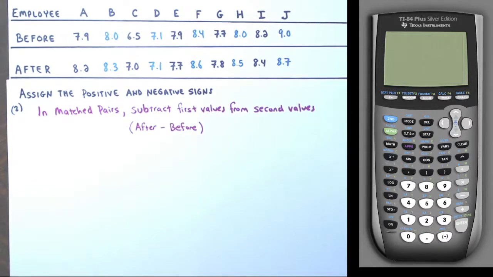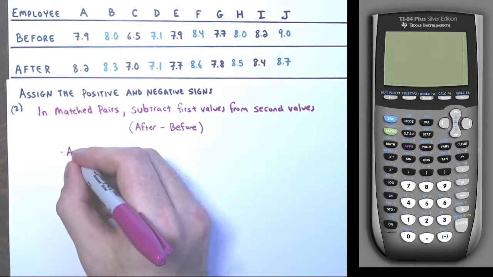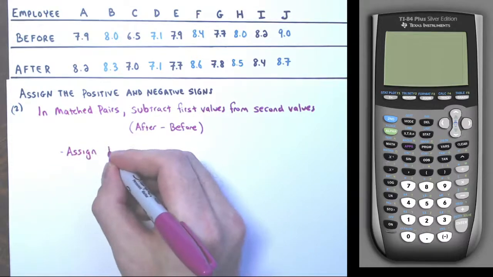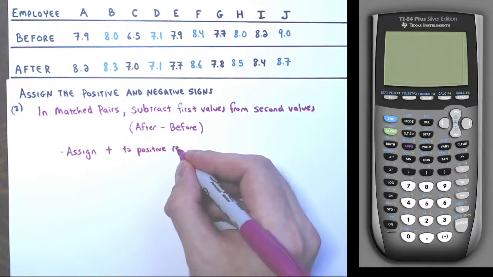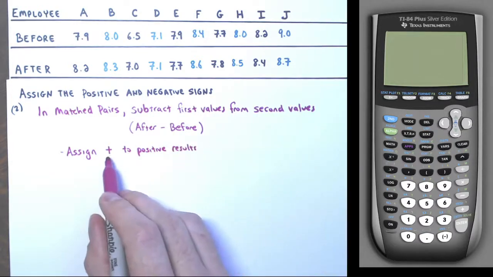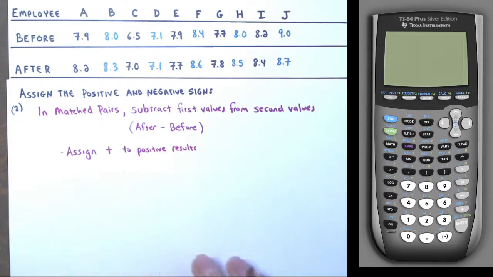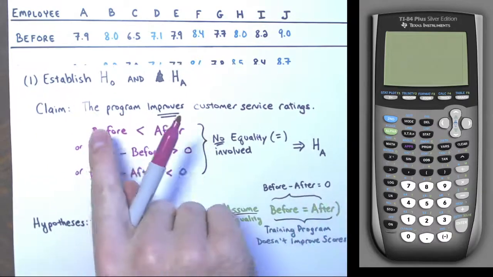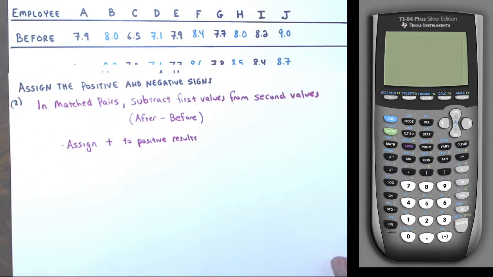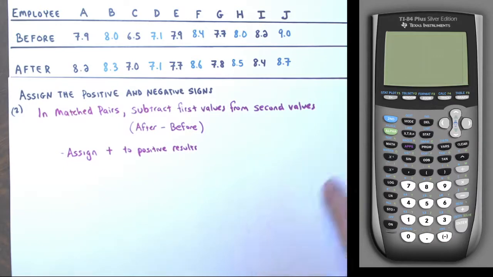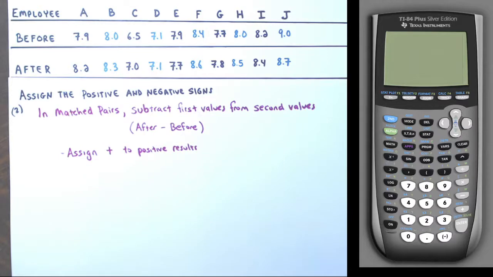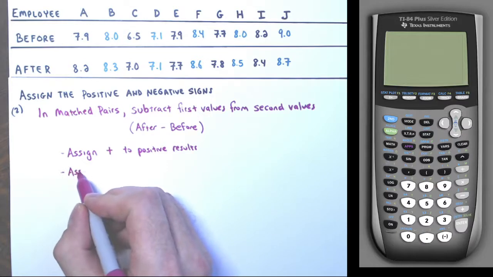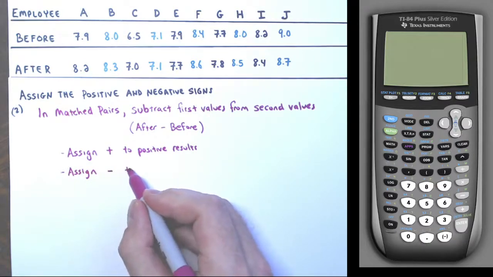I'll assign plus signs to positive differences, because that's really what they want in the claim as well. Remember, the management's claim was that the program improves customer ratings. So that means they would like the after results minus the before results to be positive. So I'll assign plus signs to positive results, and I'll assign minus signs to negative results.